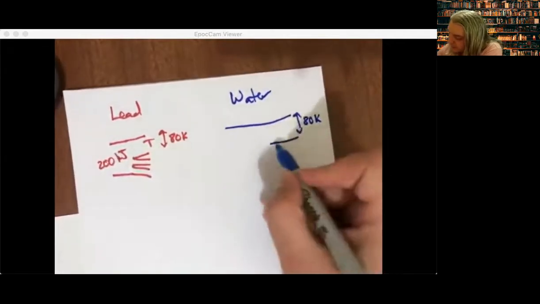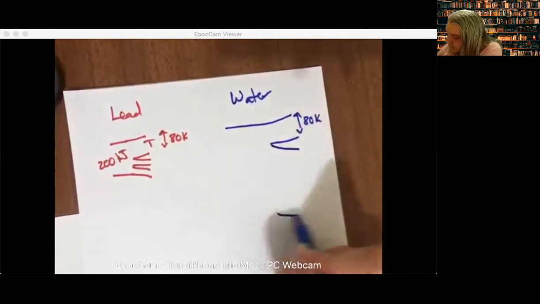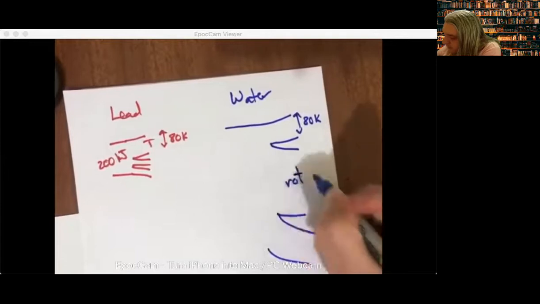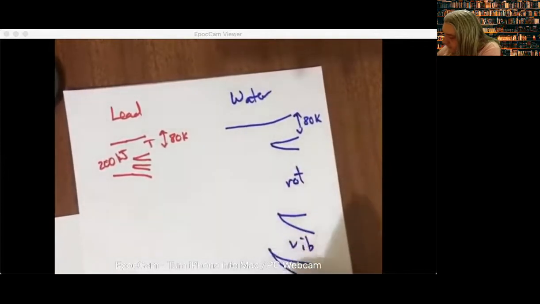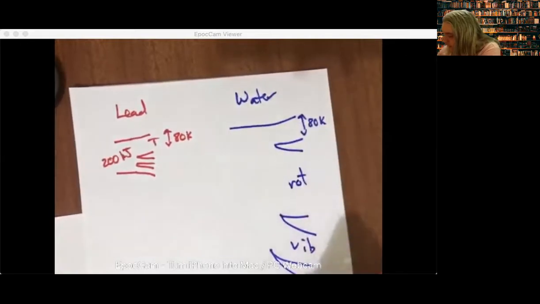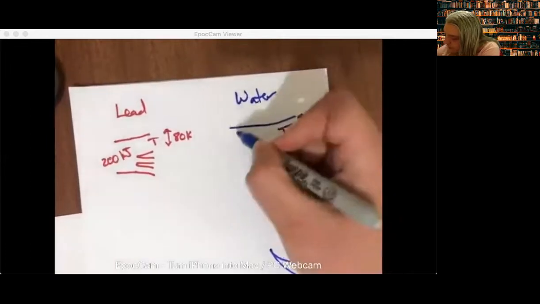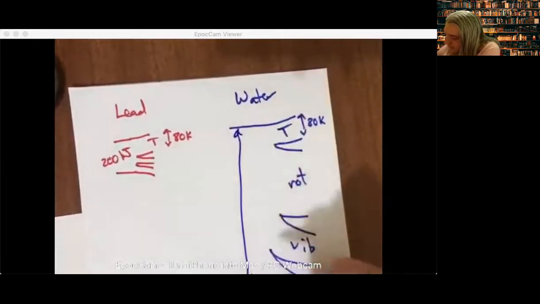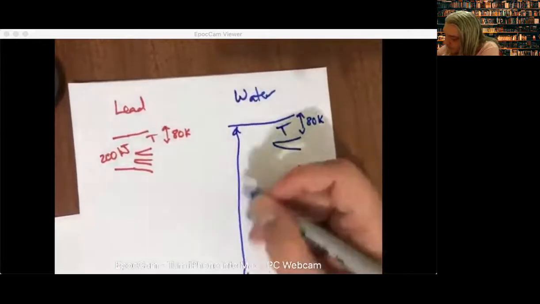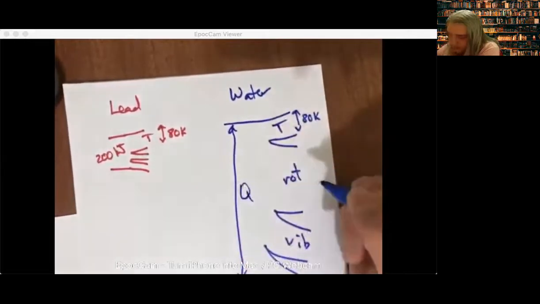But over here, water puts so much of it into other forms, right? It puts lots into rotational, vibrational, and chemical bonds. I don't know all the exact ratios, but you can imagine it doesn't really matter too much. All that matters is this: for temperature to rise by 80 Kelvin, you need a whole lot more energy coming in.